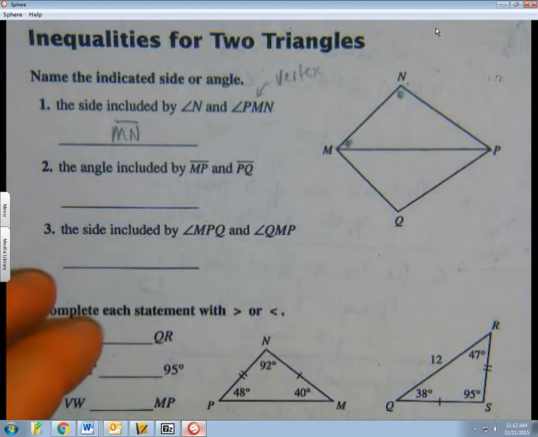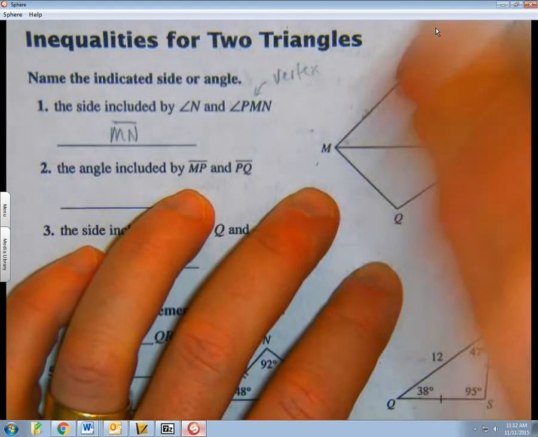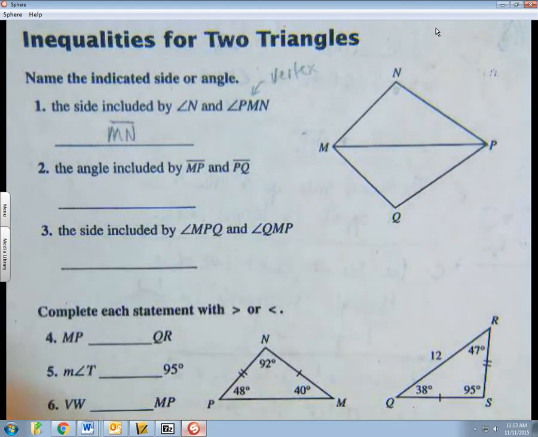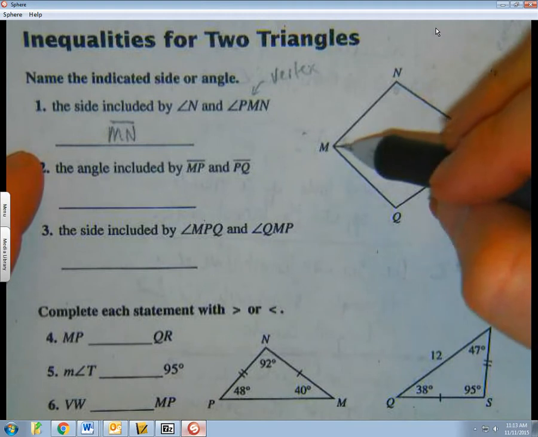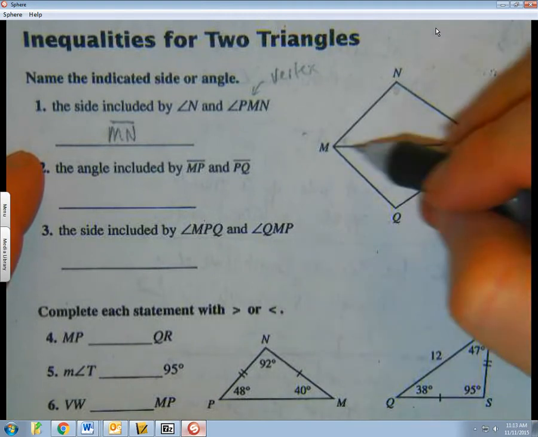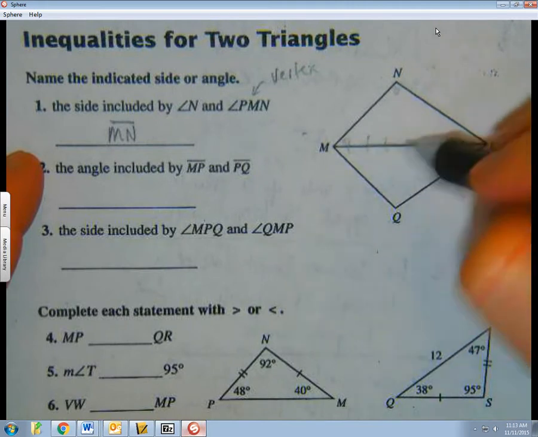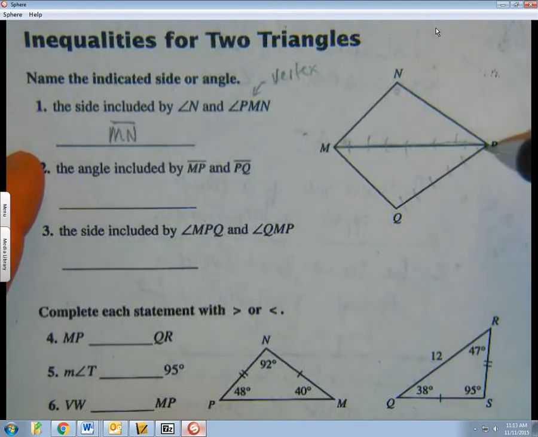The next one, and I'm going to erase this stuff, and that's why it's nice to have a pencil so we can get rid of it, or you can draw a new picture. Angle included by MP and PQ. MP is right here. So I'll just kind of mark it like that. PQ is right here. So the angle is going to be right here.